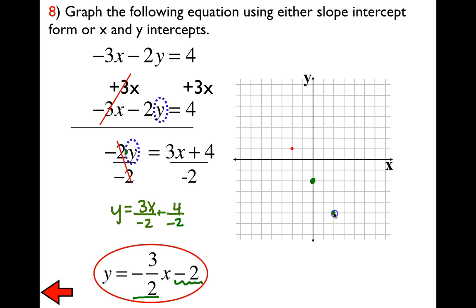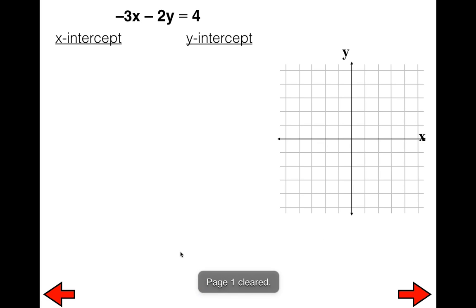And then I can also go the opposite direction and go up 3 and to the left 2. I like to go until I have no more space. That way I know my graph is pretty accurate. And there you have it. You have your line. So obviously here you can tell what the slope is. It's negative 3 halves.